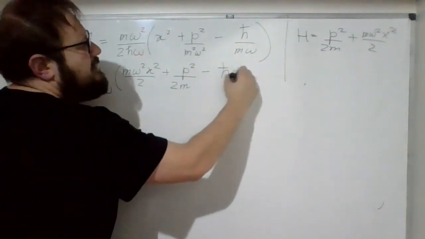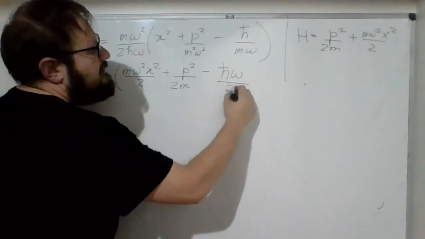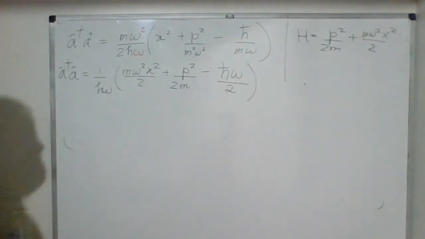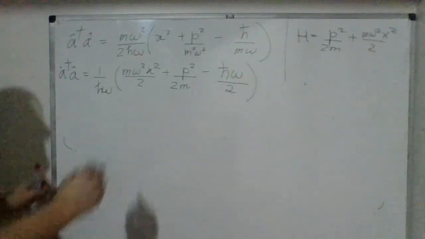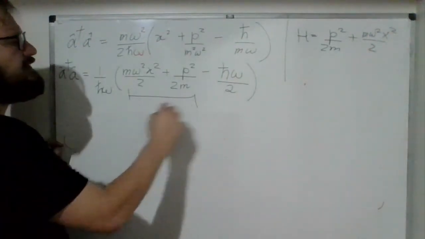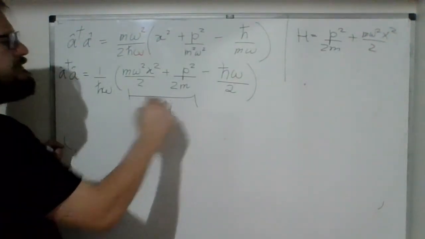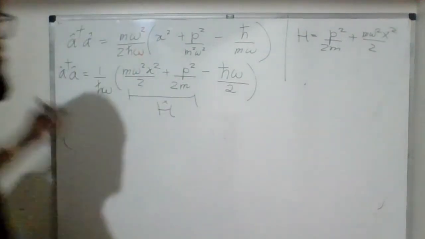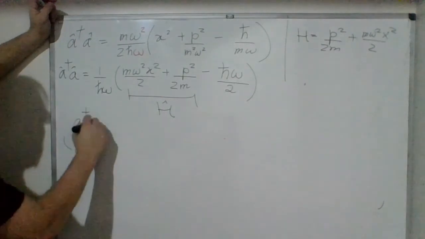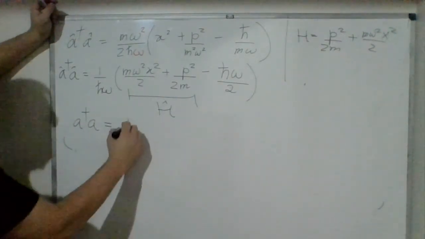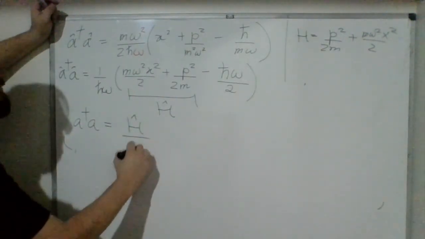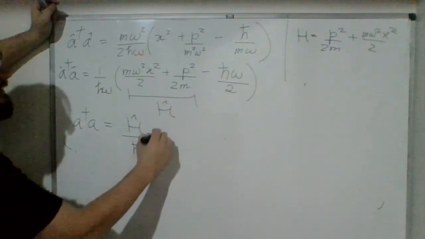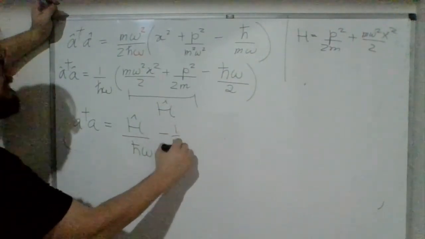We'll find out h bar omega divided by 2. All right. And notice this is just the Hamiltonian. This is just the Hamiltonian. So A dagger A corresponds to the Hamiltonian divided by h bar omega minus 1/2.